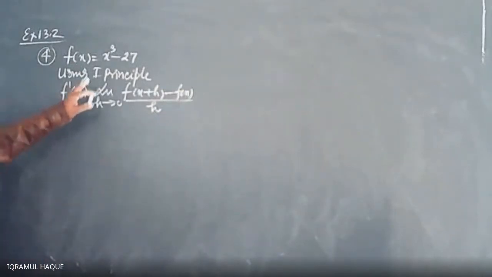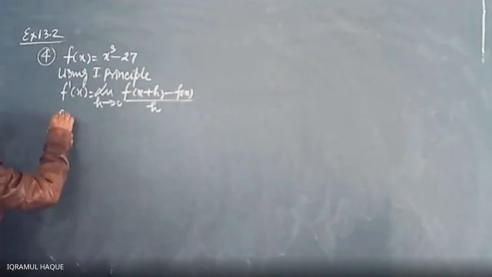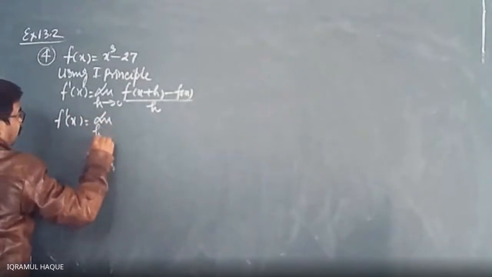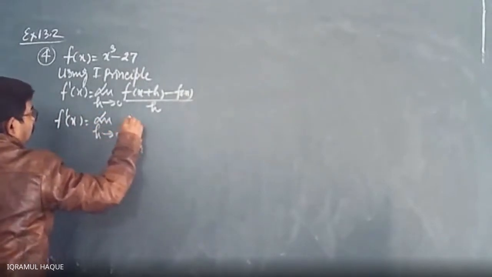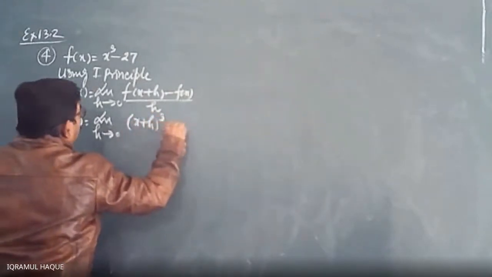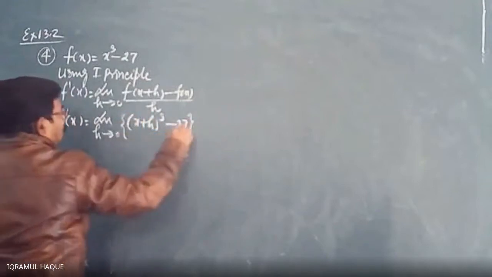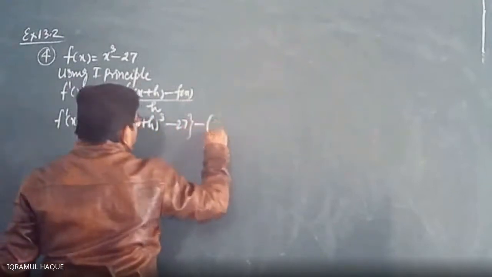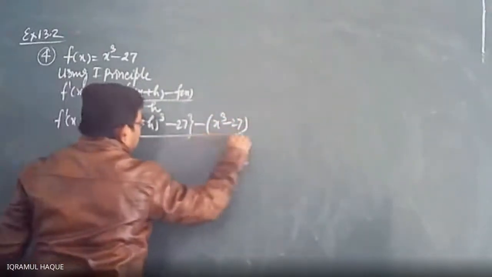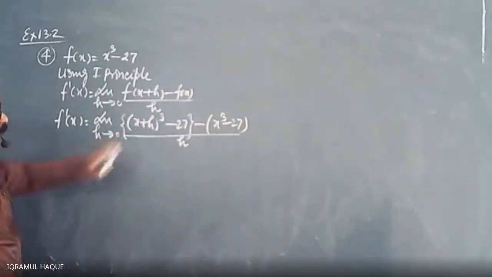So we add h to x. So we have f dash x is equal to limit h tends to 0, we write (x plus h) whole cube minus 27, this one minus (x cube minus 27), upon h. Break this whole cube.